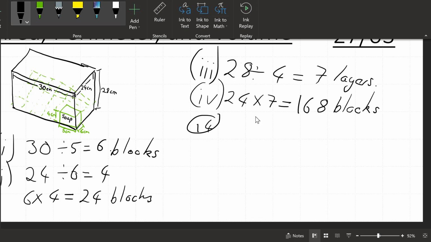The alternative method you could have done if you wanted to find out how many blocks would fit into the box is you could have just found the volume of one block, the volume of the total box, and then divided the total box volume by one of the blocks. The one problem there is it assumes you can perfectly fit boxes in. And let's say if this was 31 centimeters wide, obviously there would be a single centimeter left empty all along down the box. But 14 can be solved using the exact same method as I've used here.